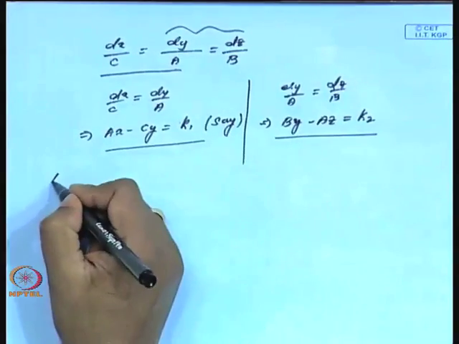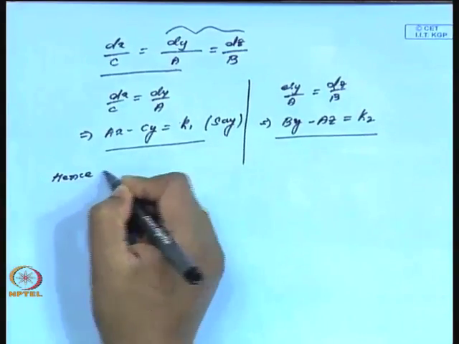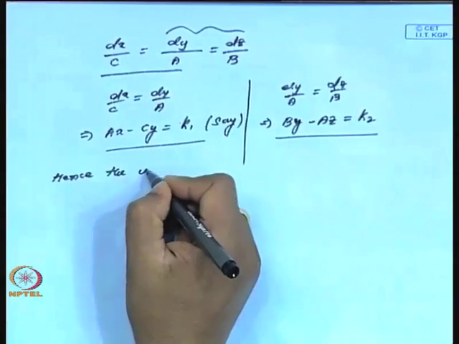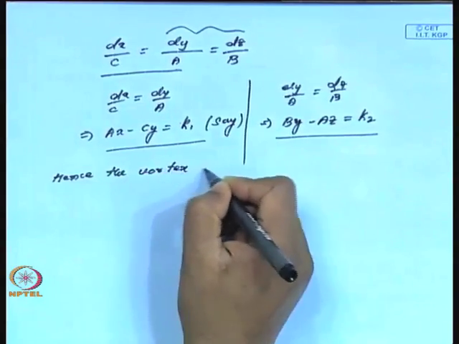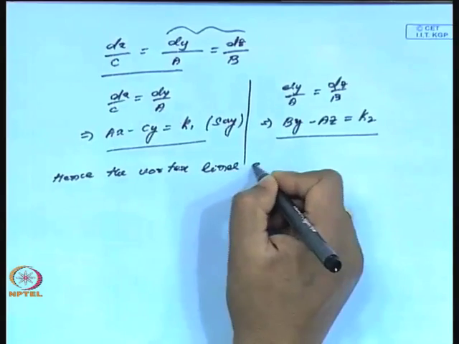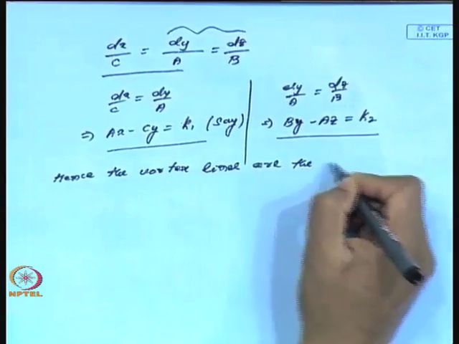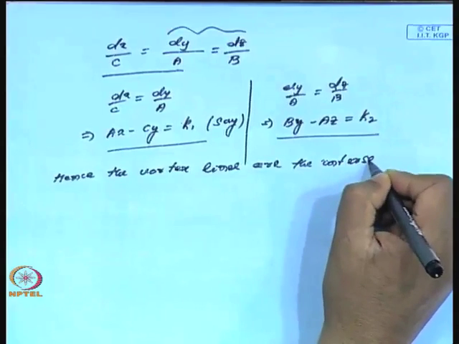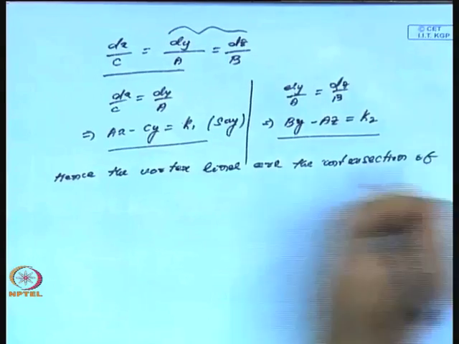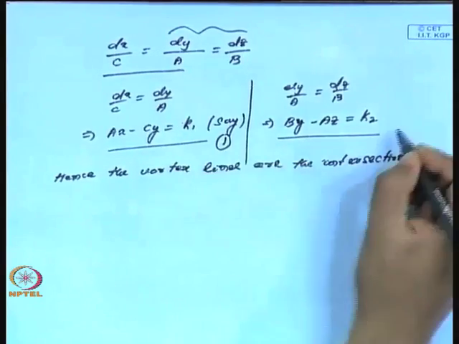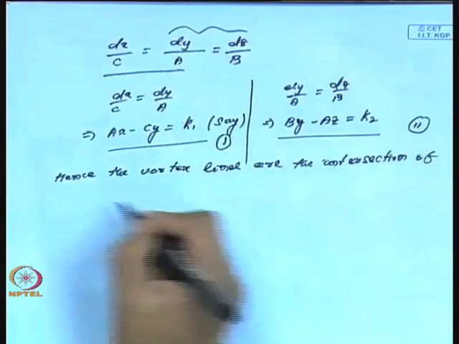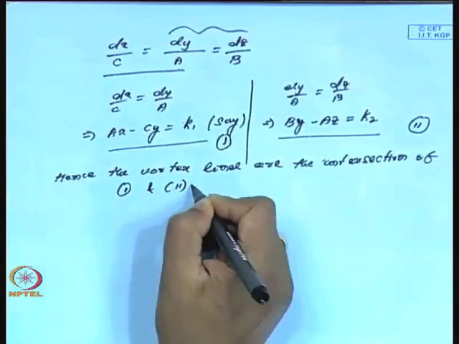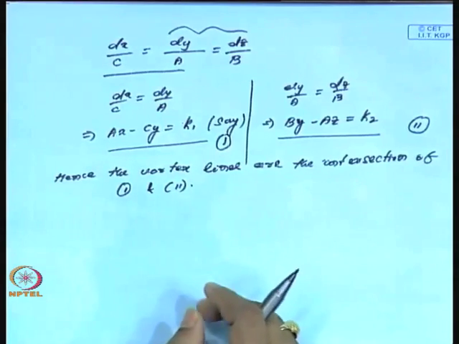Hence the vortex lines are the intersection of 1 and 2. If I call this 1 and this 2, the vortex lines are the intersection of 1 and 2. So, this is the way we will find the vortex lines.